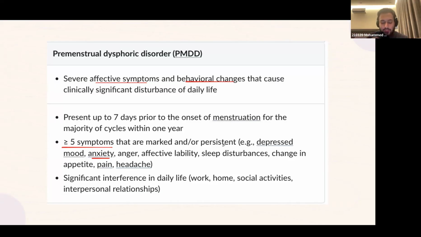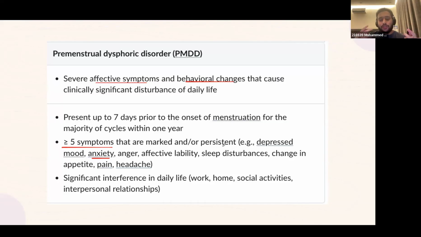High yield number 2 is, what is the first line management of PMDD? You guys tell me. First line. Other than reassurance. Support and reassurance, lifestyle as well, okay? Don't give drugs, first of all. Just start with reassurance, supporting the patient, lifestyle modifications, okay?